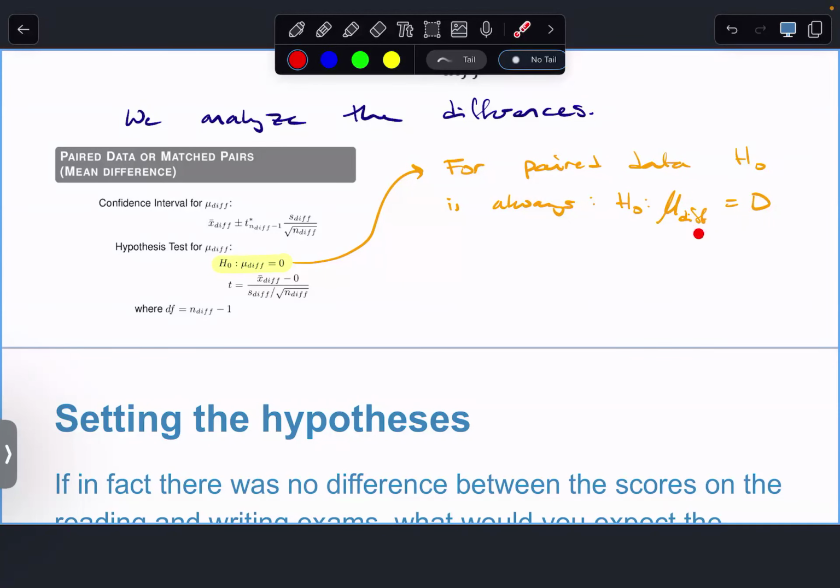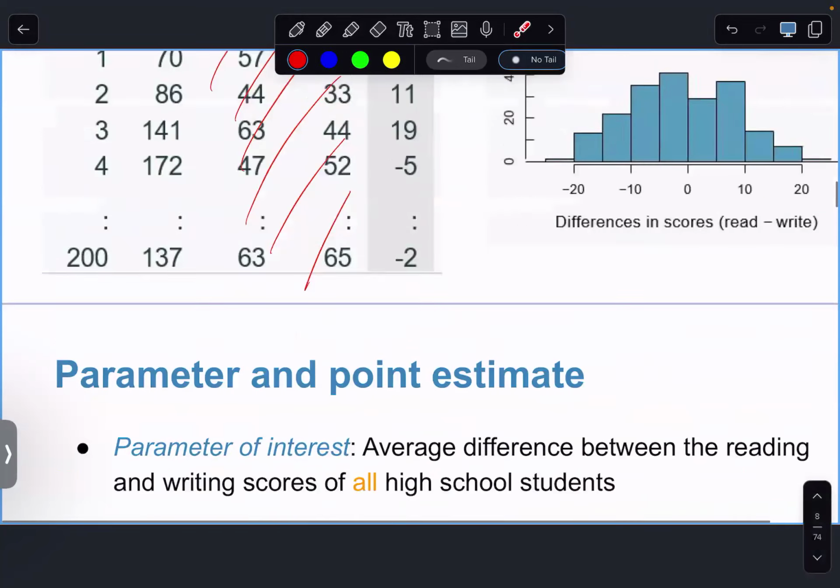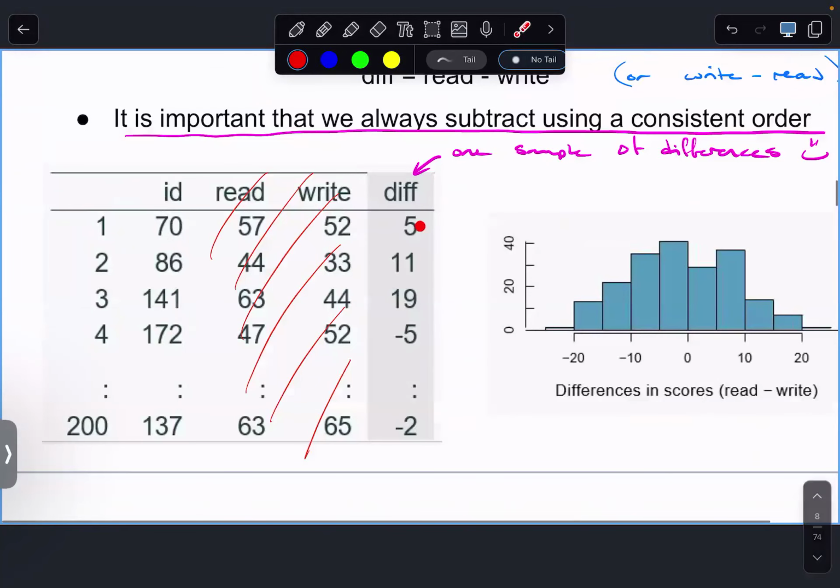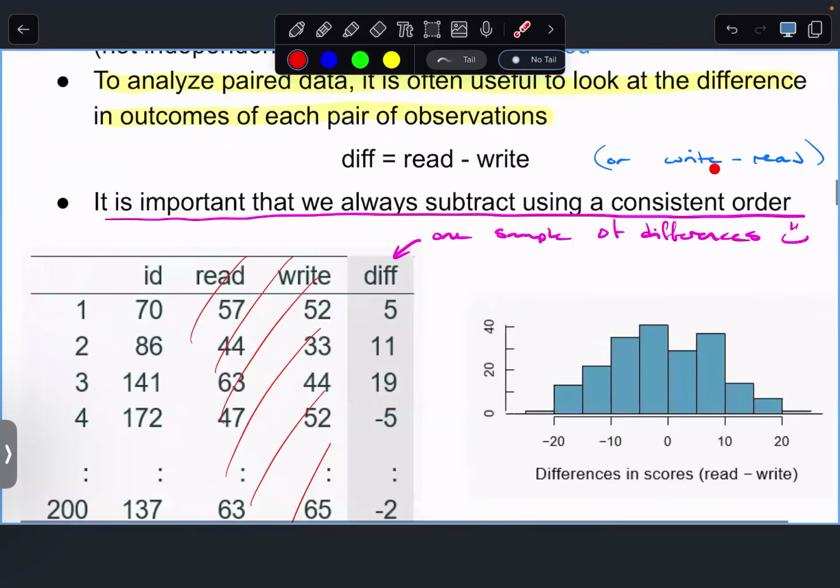And so we saw in our difference here, I get a difference greater than 0 if the reading is higher than the writing score by how I calculated the difference. If I did it the other way around, then if the reading score is higher than the writing score, I would get a negative difference, less than 0. And that would be in my alternative.